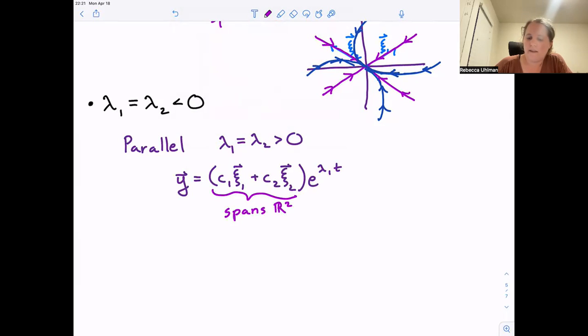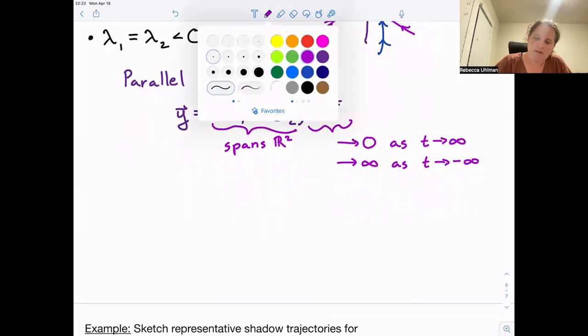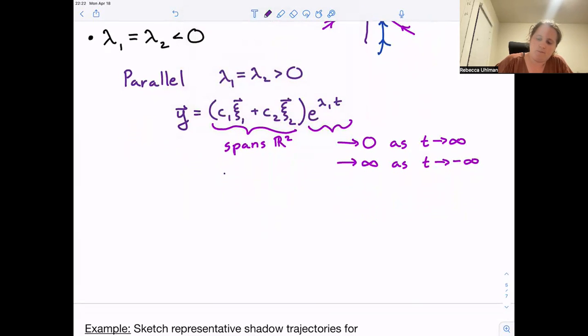And that e to the lambda 1t is scaling. Lambda 1 is negative here, so this will go to 0 as time goes to infinity, and goes to infinity as time goes to negative infinity as we go backwards in time. So in this case, we get essentially what we had before.